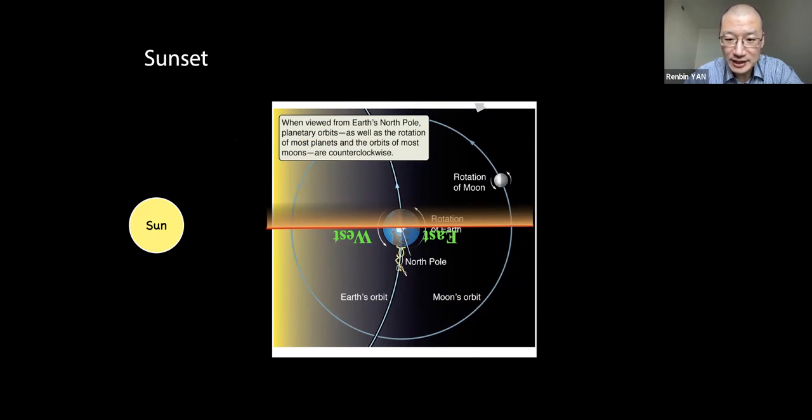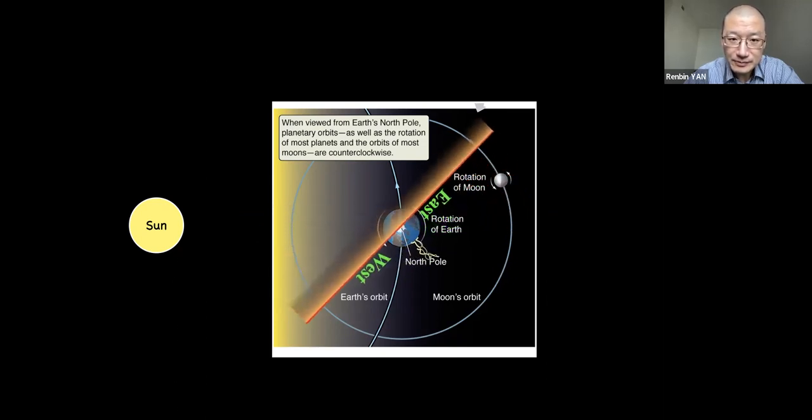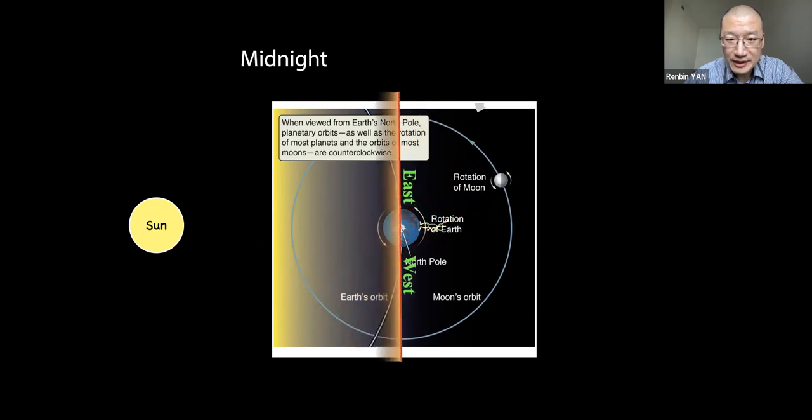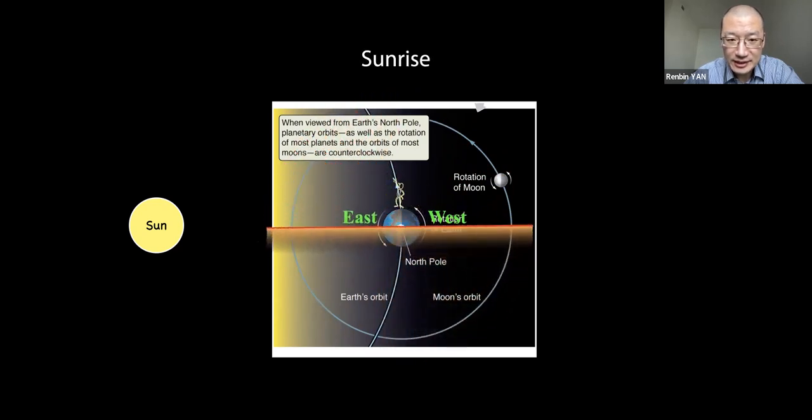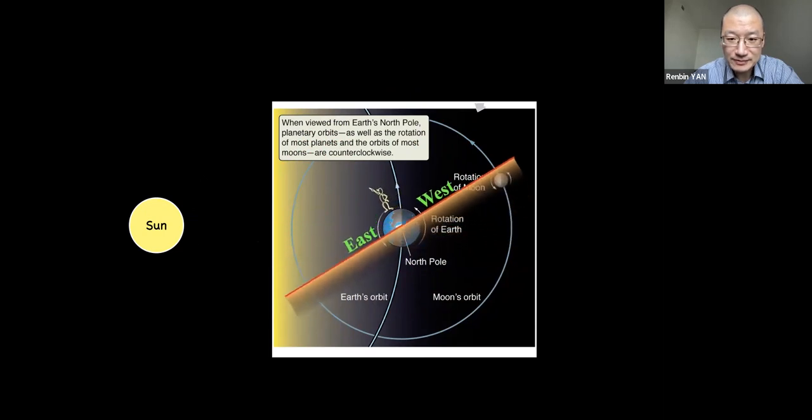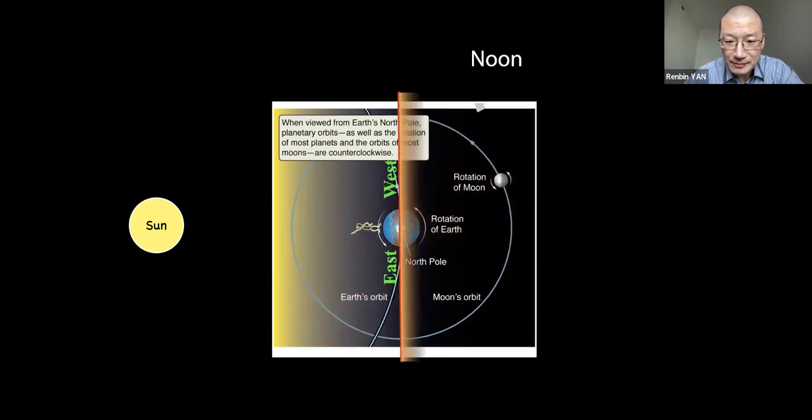So it is the sunset time because the horizon is moving this way. And now this time is midnight. We are directly on the opposite side away from the sun. This is midnight. And then this is sunrise, so the sun is rising from below horizon to above horizon. And this is noon. It's directly overhead.